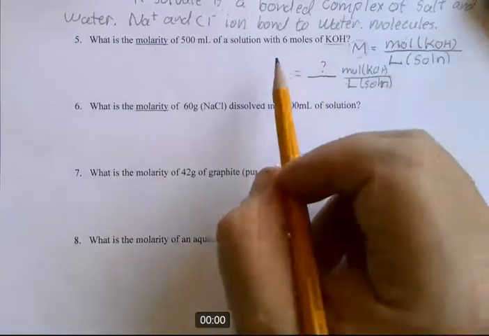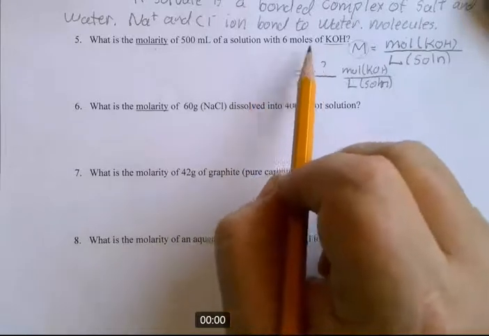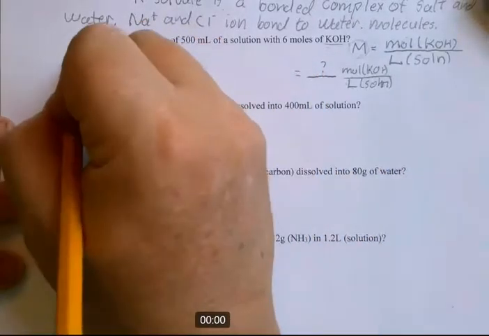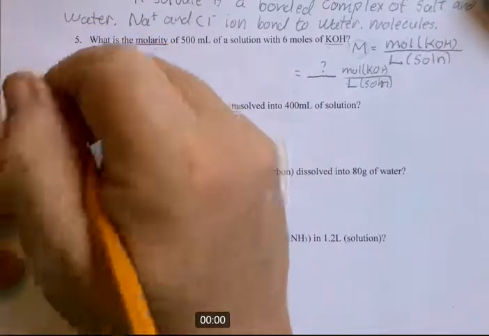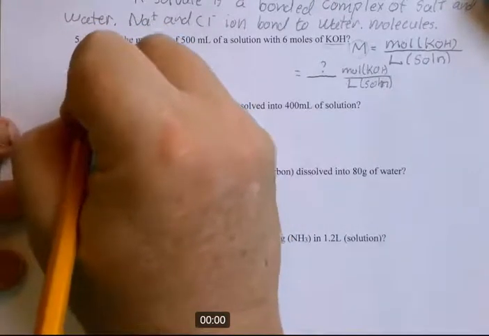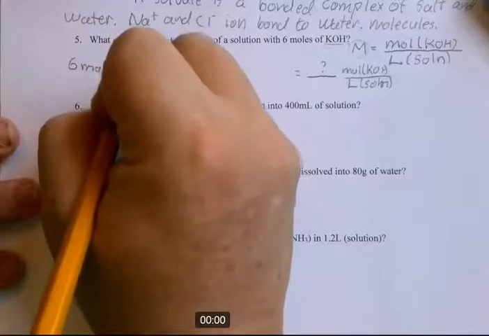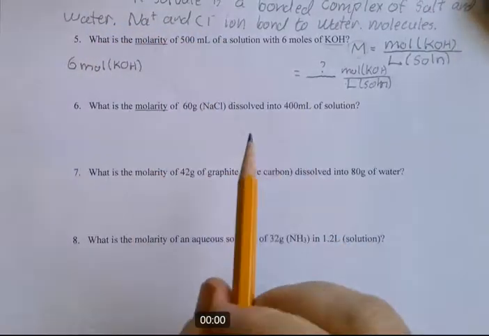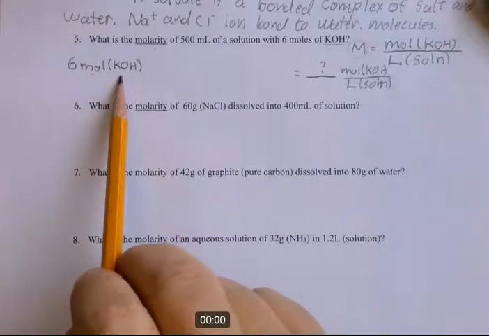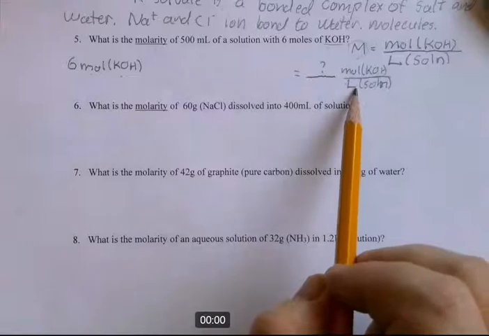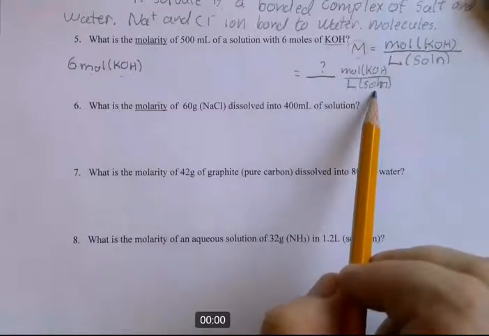Okay, and what are we starting with? We're starting with 6 moles of KOH. So we're going to come way over here. So we have 6 moles of KOH on the top, and we want to end up with moles of KOH on the top and liters of solution on the bottom.